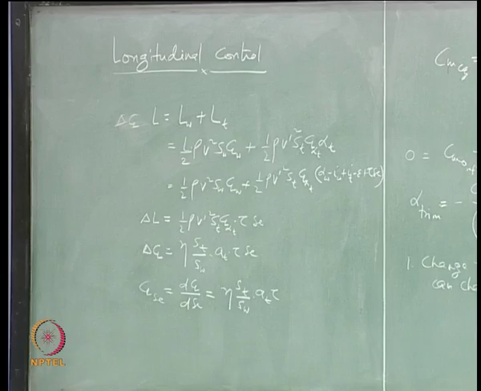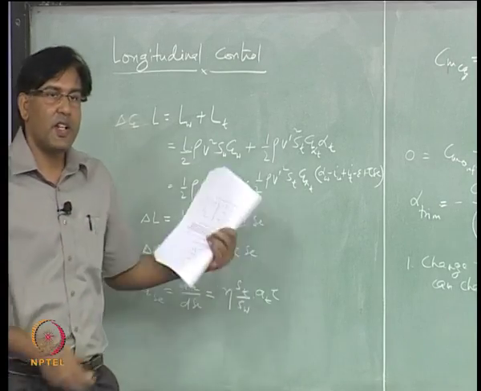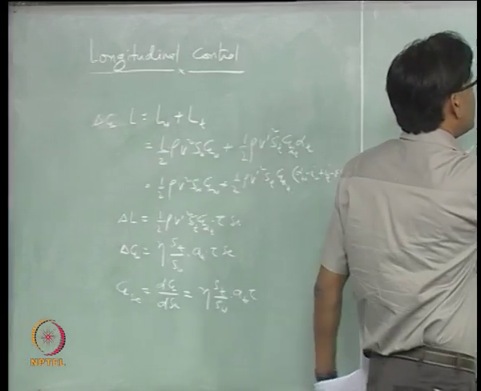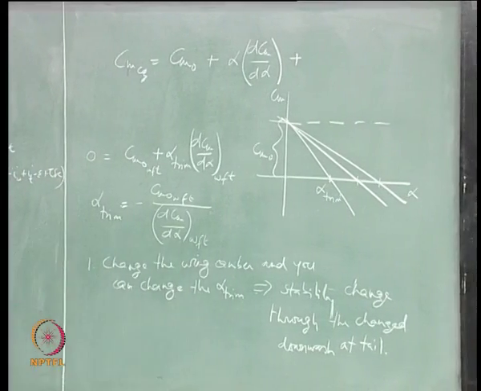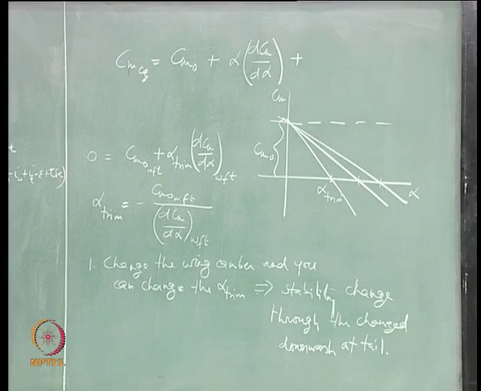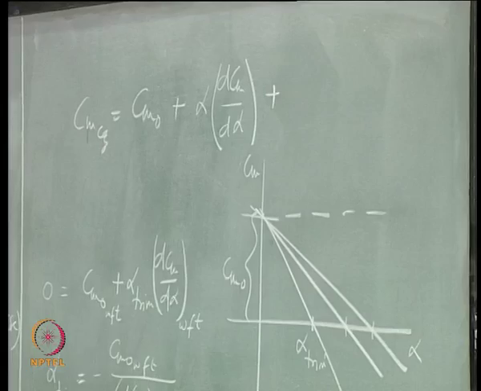So, what are we doing finally? We are actually adding a term here which was not there when the elevator is not there. When elevator is 0, then I get this.